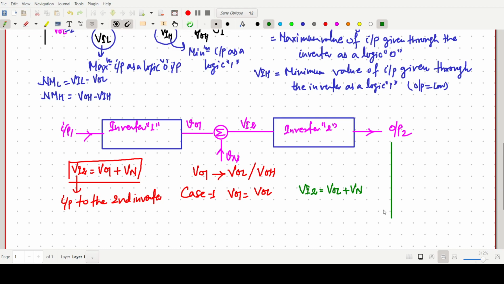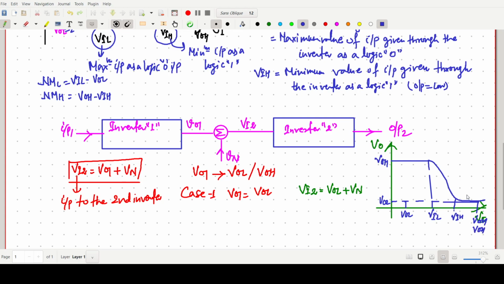Now again I am drawing the characteristics, VO versus Vi. This value will be VO, this will be our VOL, this value will be our VIL, input low, this will be VIH, and this will be our VOH.